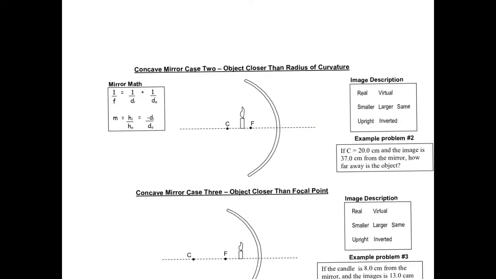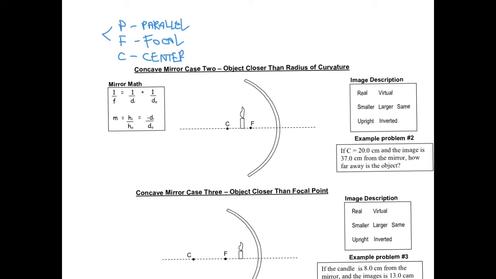So now we're going to move on to a slightly different case, and we're again going to use the three light rays: the parallel light ray, that's the light ray that emits parallel to the center line of the mirror, the focal ray, that's the ray of light that goes through the focal point, and the center ray, the ray that goes through the center.